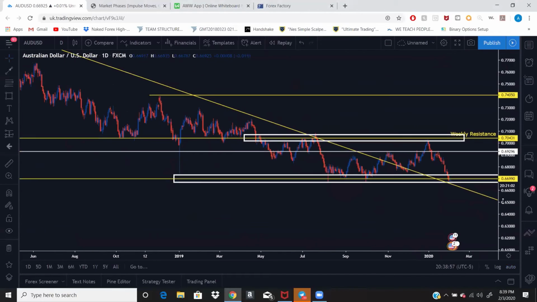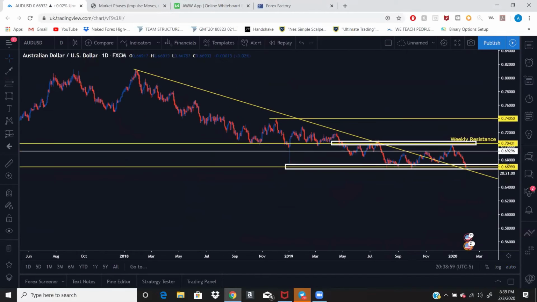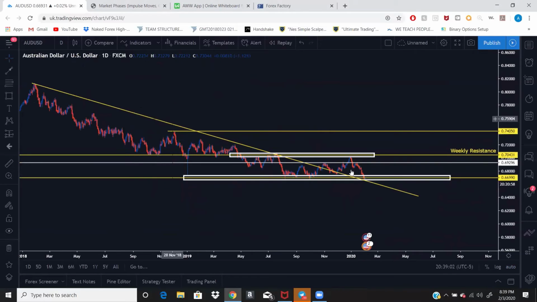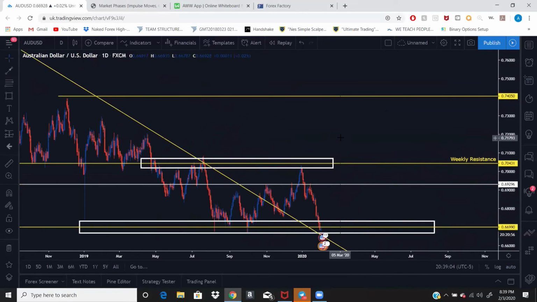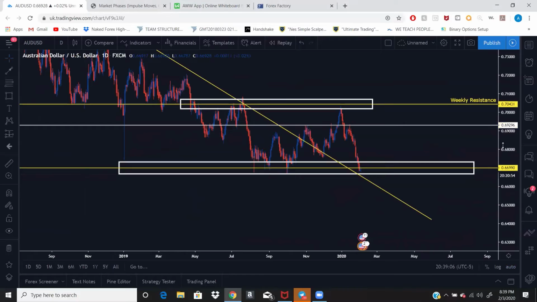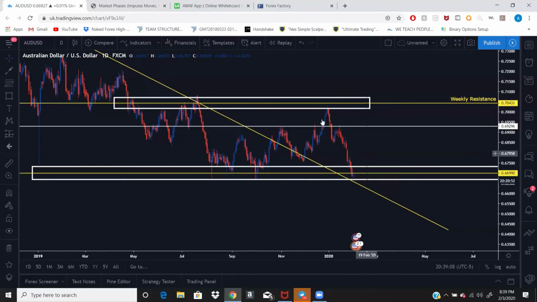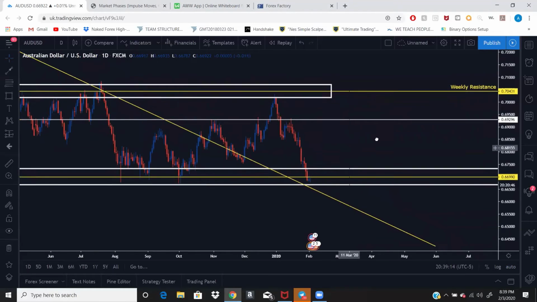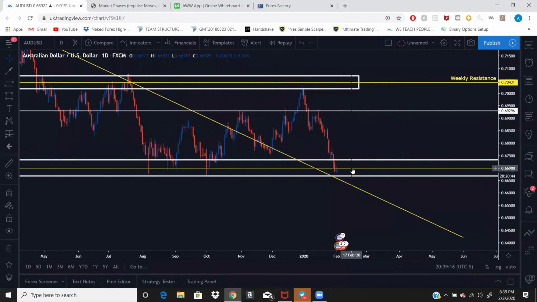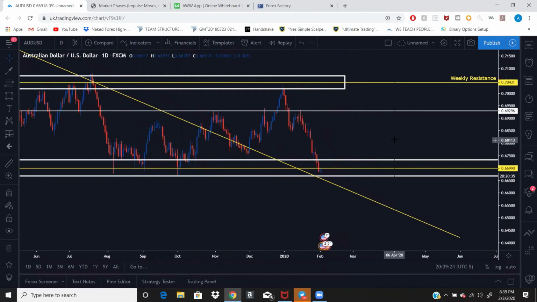This long-term bearish trend line, once it broke, it retested, went back into the weekly resistance, and now it came back to retest it, and also it's in a daily demand zone. So it's a really good risk to reward trade. So I do like AUD for a buy.